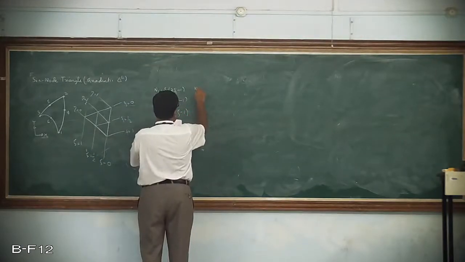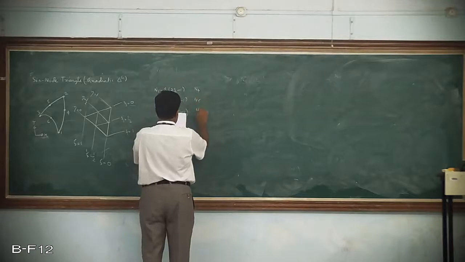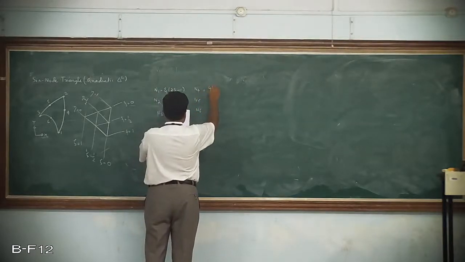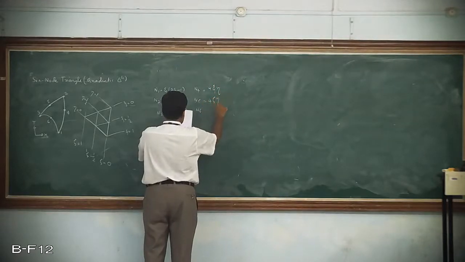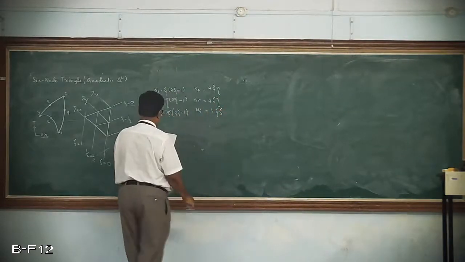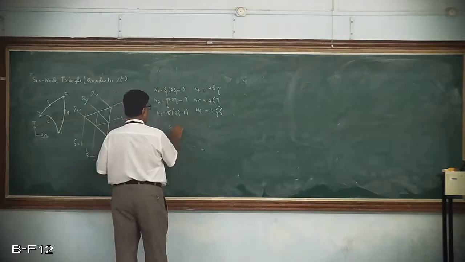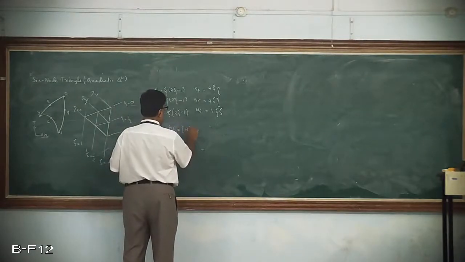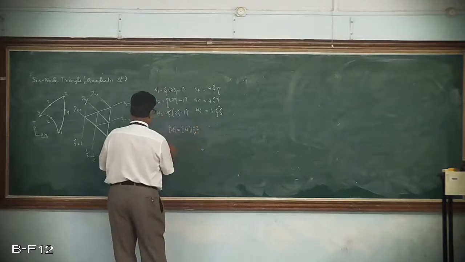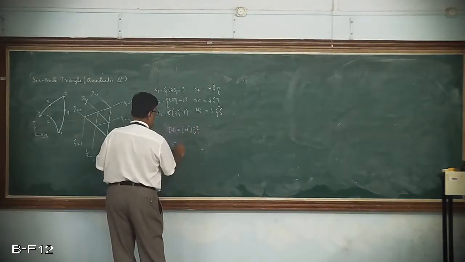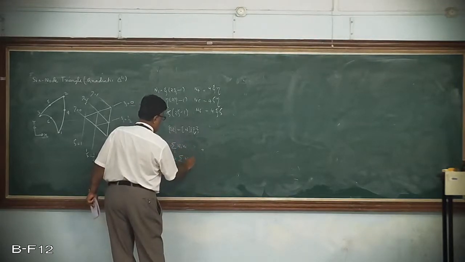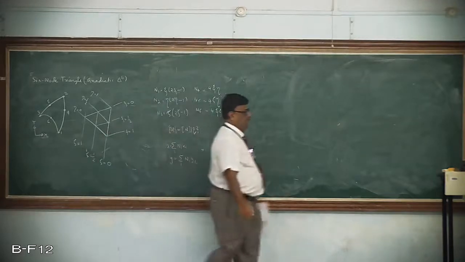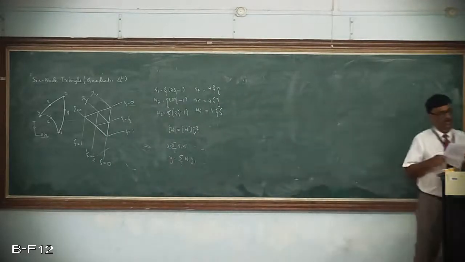Whereas n4, n5, n6 are 4 zeta eta, 4 gamma eta, 4 eta gamma. Of course, your u will become the same, summation of ni ui only, and x is equal to summation ni xi, y is summation ni yi, n1 y1, n2 y2, n3 y3 and all that. The same relations are going to be maintained even in this also.